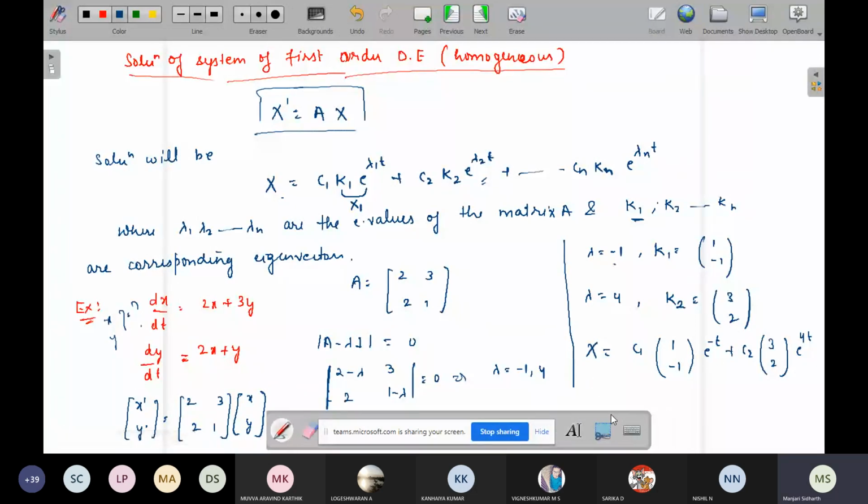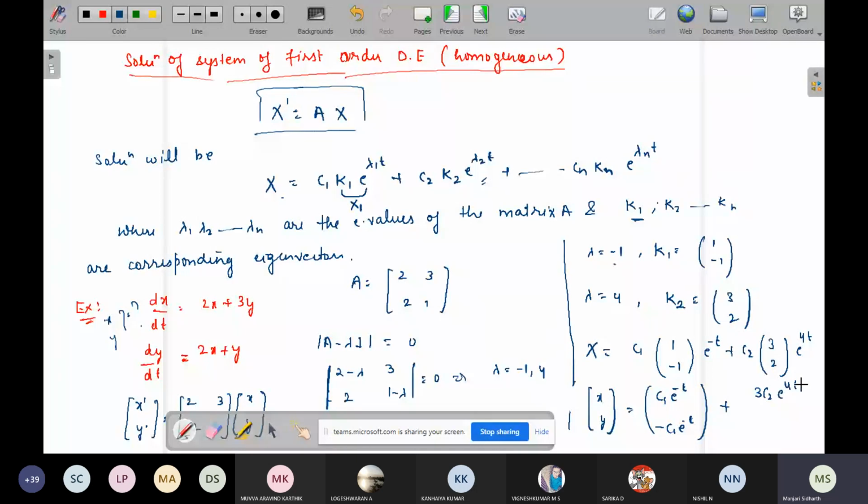So you can proceed further. X means you can write in this form, (x, y). Now see, c1 e power minus t, minus c1 e power minus t, this is your first, just multiply inside. 3c2 e power 4t, 2c2 e power 4t, this is your second. Now because the order is the same, this is 2 cross 1, this is 2 cross 1, you can add these matrices.